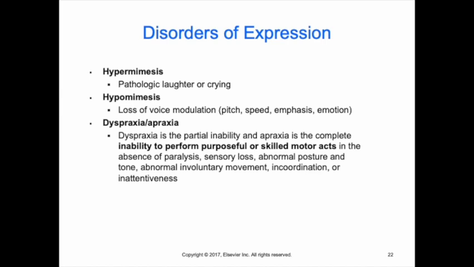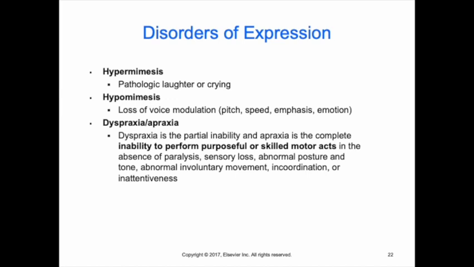Dyspraxia is the partial inhibition, and apraxia is complete inhibition or inability to perform a purposeful or skilled motor activity in the absence of paralysis, sensory loss, abnormal posture and tone, abnormal voluntary movement, incoordination, or inattentiveness. These are disorders of learned skill movements, like arm and hand movement when you're eating, standing and turning around, blowing out a candle.